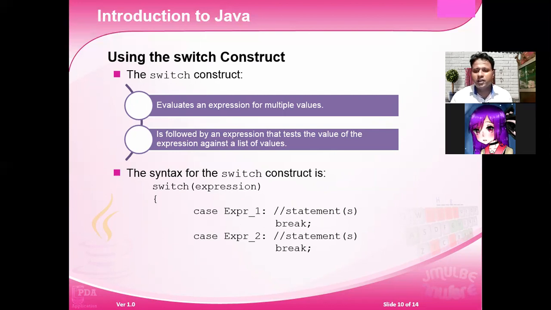It's just like when you are going to a restaurant and you are choosing one item from a list. If that item is present, then it delivers you that item.